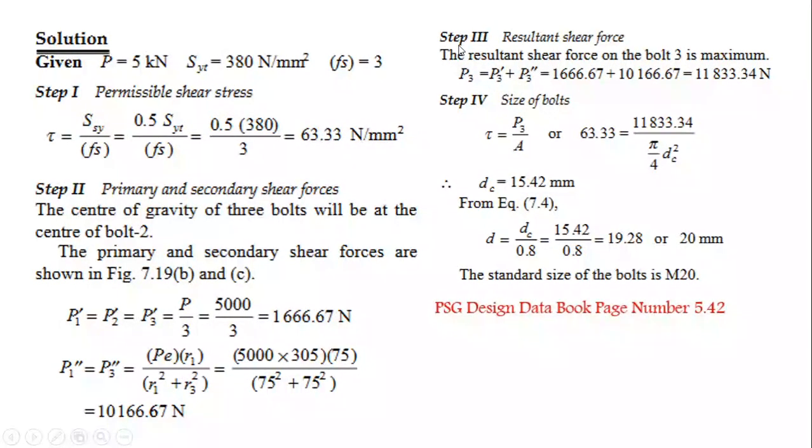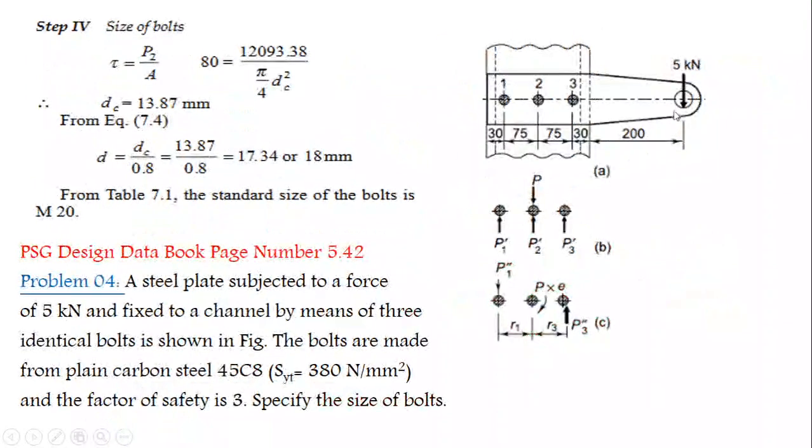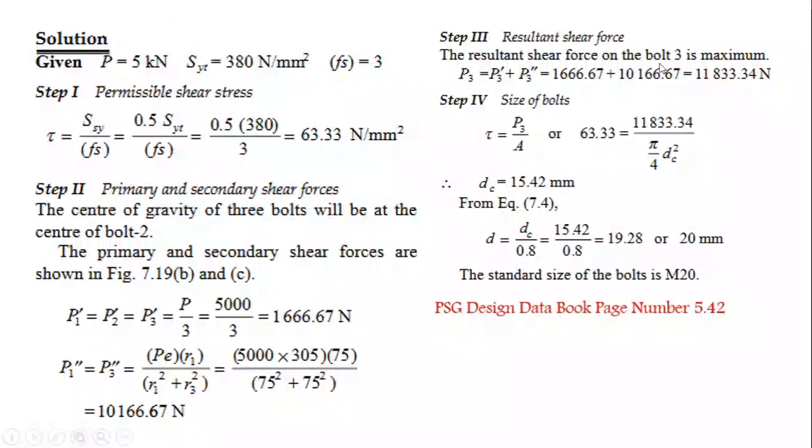And step 3, resultant shear force. The resultant shear force on bolt 3 is maximum because the load is acting nearer to bolt 3. So maximum shear force acts on this bolt only. As I already told in the previous problem, the bolt nearer to the acting load is subjected to the maximum shear force.